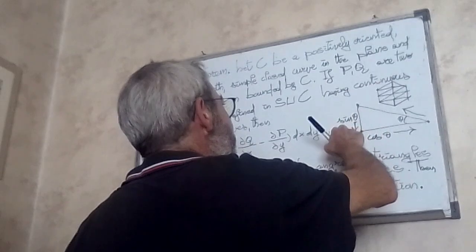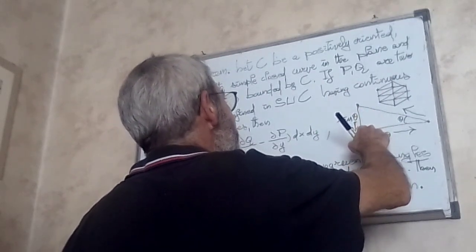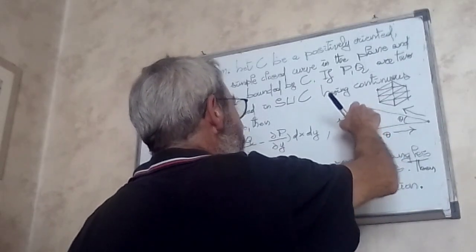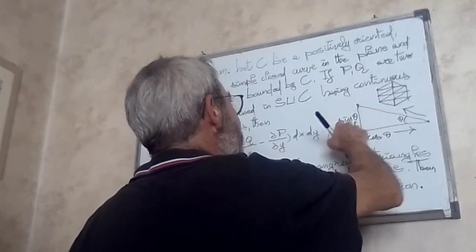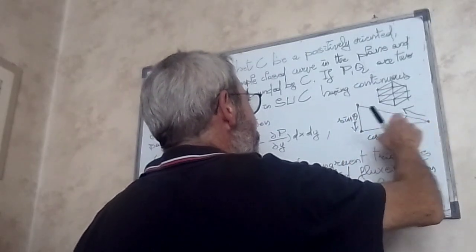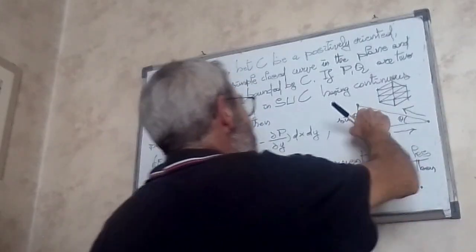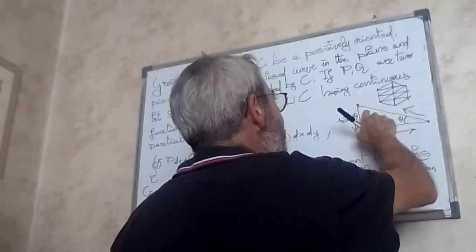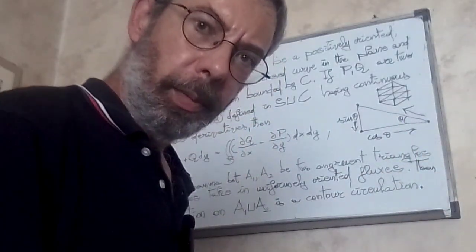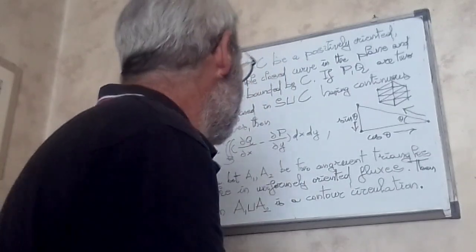So that we recall that the length of this cathetus is sine of theta, the length of this cathetus is cosine of theta, and this is the hypotenuse.